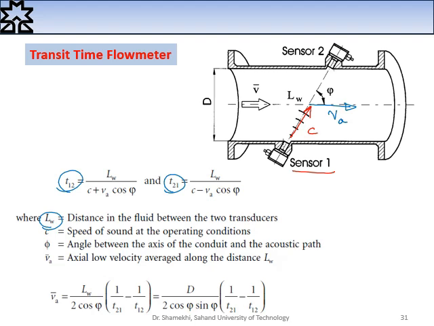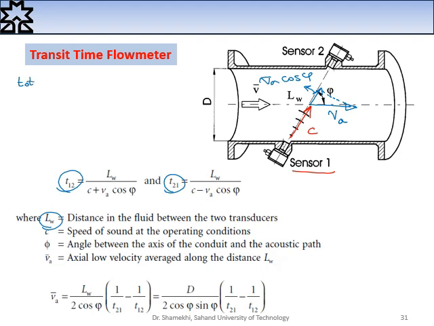Because of the path between sensor 1 and sensor 2, the projection of VA, VA cosine phi, will affect the medium speed and will increase the total speed of sound in the direction of sensor 1 to sensor 2.